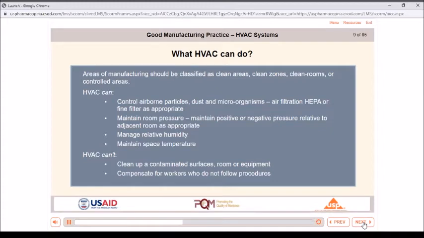Maintain room pressure: maintain positive or negative pressure relative to the adjacent room as appropriate. Manage relative humidity. Maintain space temperature. HVAC can't clean up contaminated surfaces, rooms, or equipment. It can't compensate for workers who do not follow procedures.